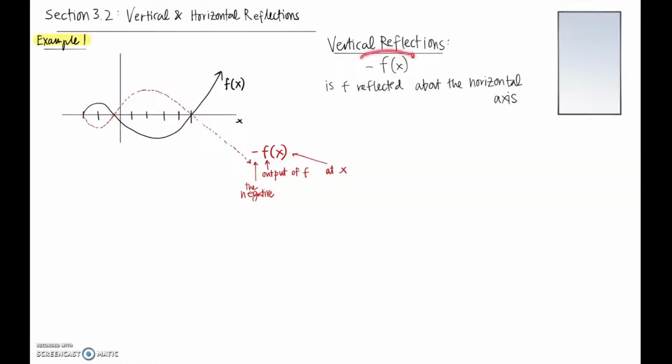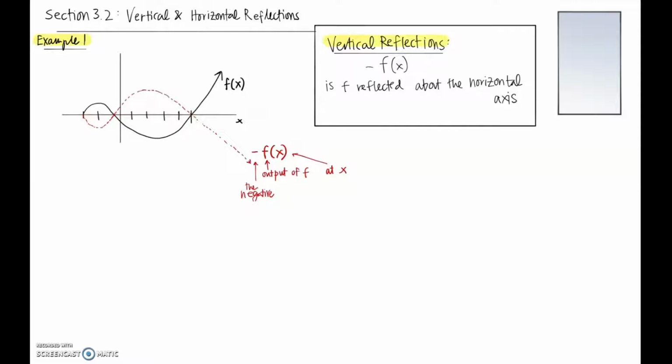So whenever you see negative f of x, this is the function f reflected about the horizontal axis. So it's like everything gets twisted over this axis, and it's called a vertical reflection even though it's over the horizontal axis. It's a vertical reflection because all of the vertical components of the function, the y values, get changed to whatever their opposite value is.